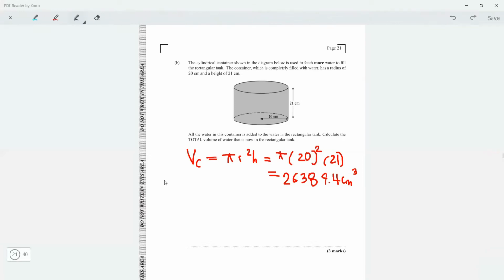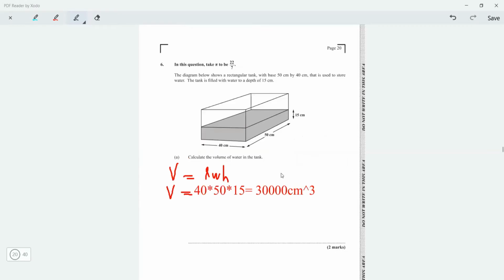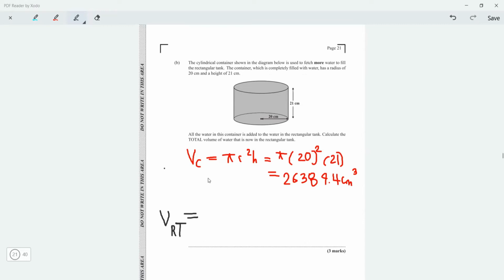So now the volume of water that is now in the rectangular tank, the new volume, I'm going to write RT, volume for rectangular tank, is equal to how much water was already there, 30,000, plus this. So it's equal to the whole volume plus the volume of water in this cylinder.